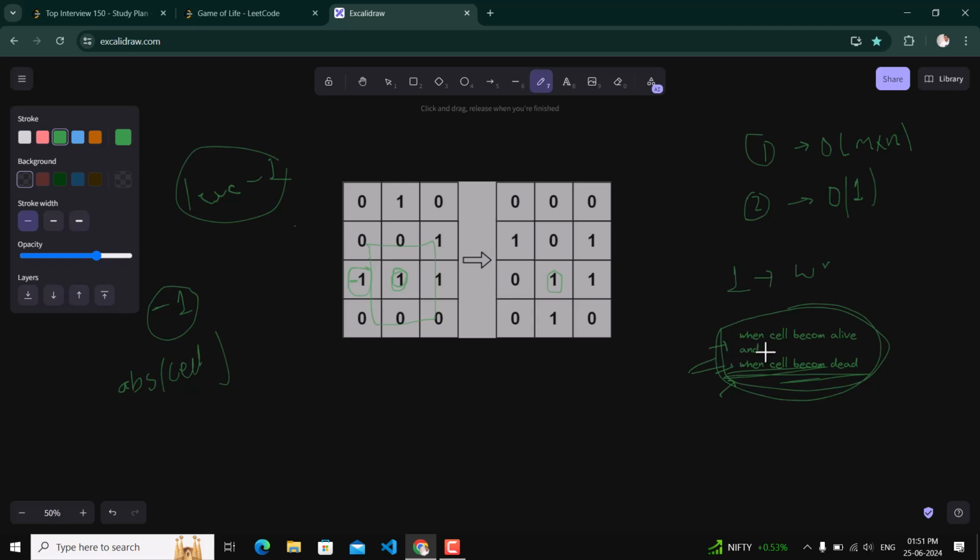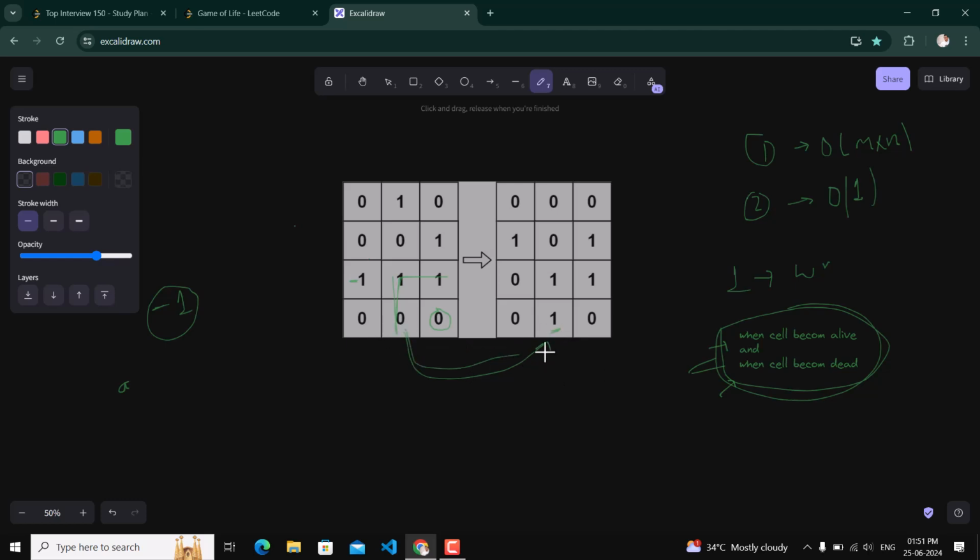Now when a cell becomes alive. In the previous case we converted the cell into -1. Now if this cell becomes alive, we will not take this 1 value for consideration, because we have to use the value from its previous stage. If we are computing the value for the current stage, we have to use the value of its neighbors from the previous stage, not from the current stage.